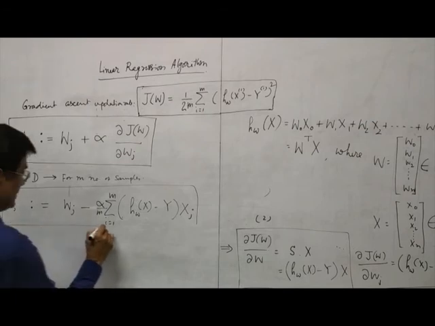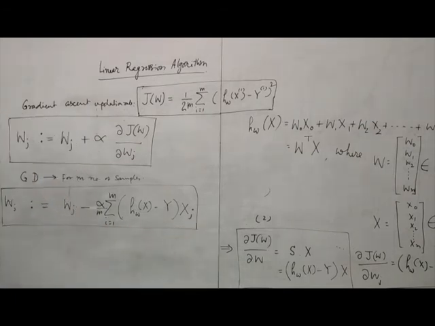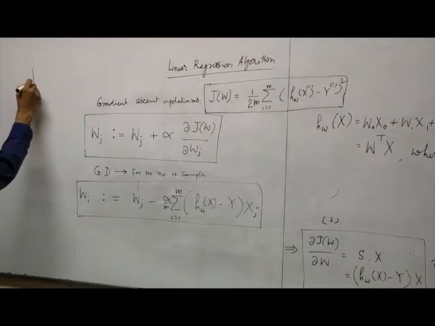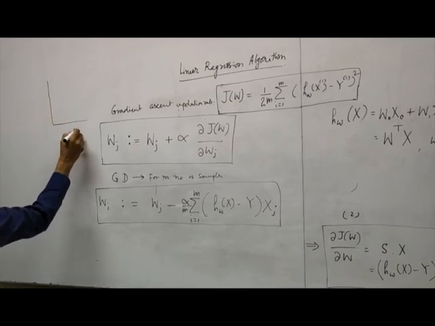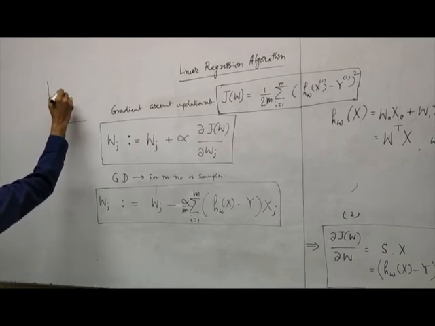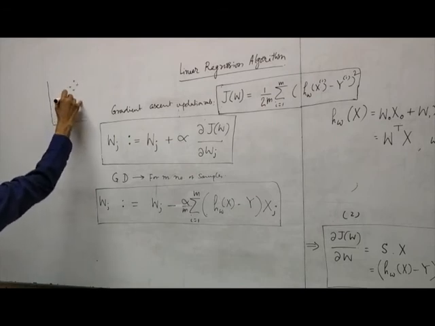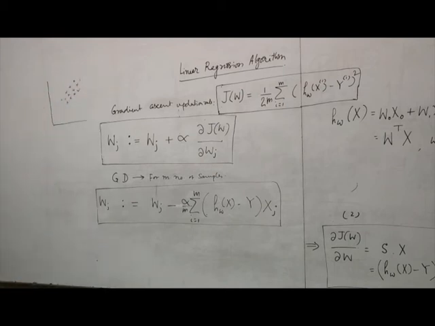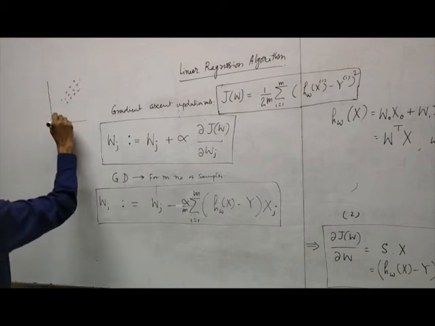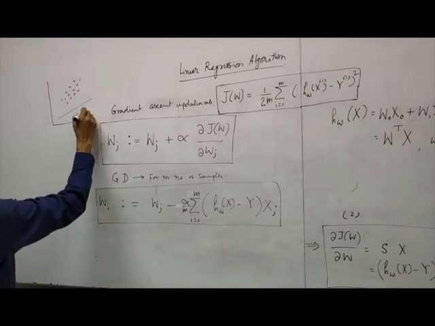As my samples are given, using those samples I will update my parameter using this rule. Say these are my samples, and I am starting with, say, this as my hypothesis.